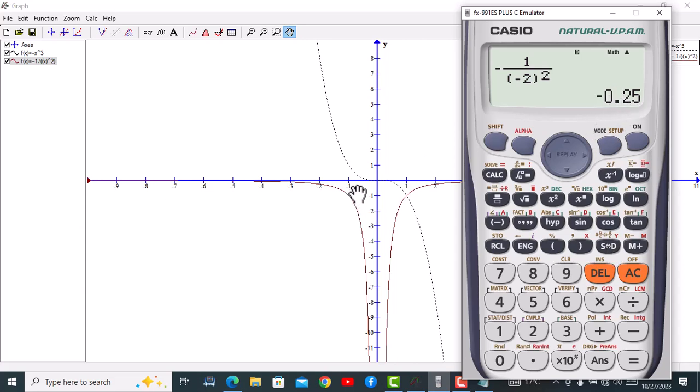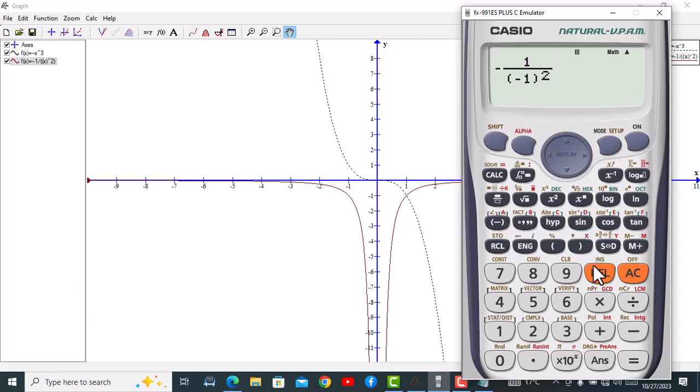Negative 0.25, it's somewhere there. When x is -2, y is somewhere there. So check what is happening. We said this is the first value, x1. There it is, it's -1. When x is -1, y is -1. We have a point there.